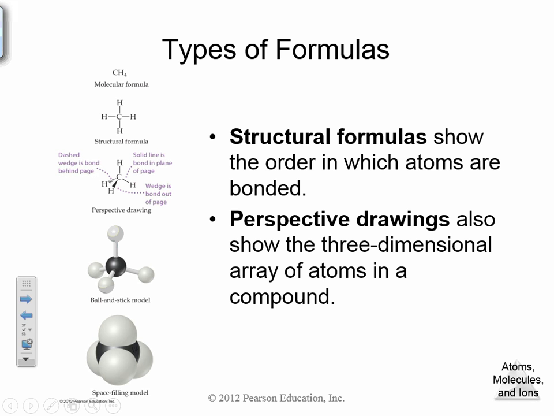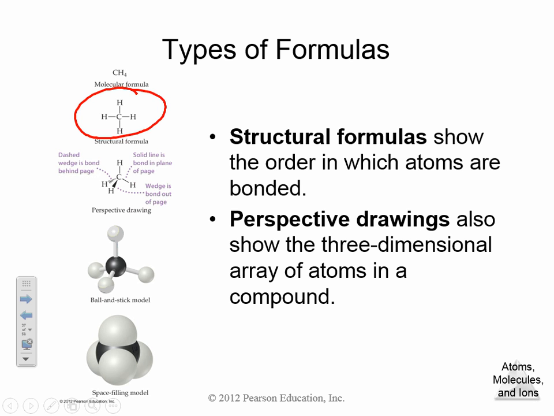Structural formulas, those are the Lewis dot structures. So if I'm going to ask you to draw the Lewis dot structure of a compound, that'll be the structural formula, and they can get a little more intense than what we had last year. Right here we have CH4. Here's the basic Lewis dot structure for CH4. However, if we're going to do a perspective drawing, we're going to show how that's actually going to look.